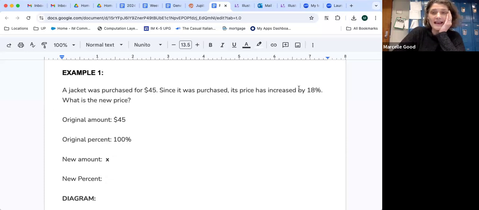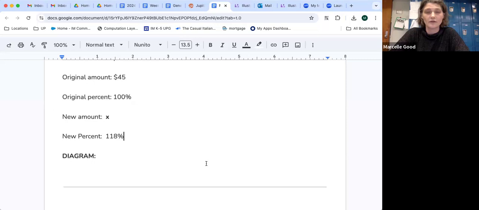The new percent says it increased by 18%. So that means we took the whole price, which is 100%, and then we increased it by 18%. So that means the new percent we're considering is 118%. We want to make this diagram.